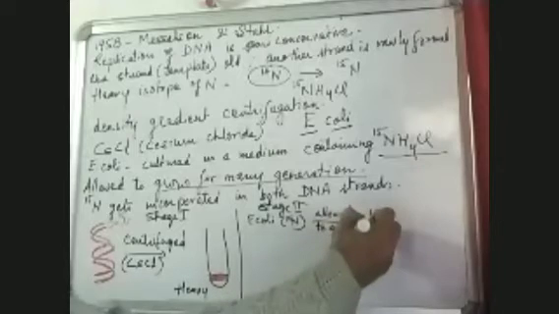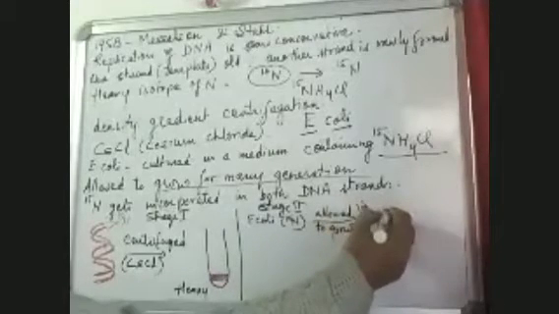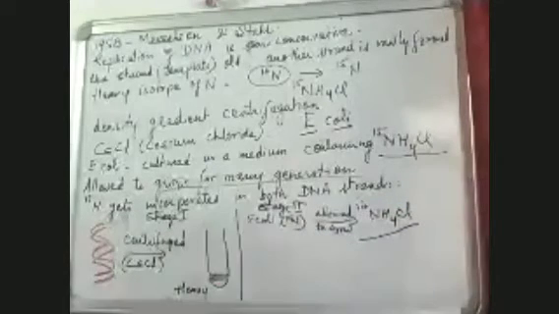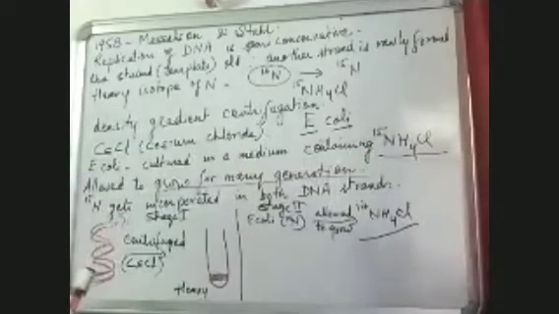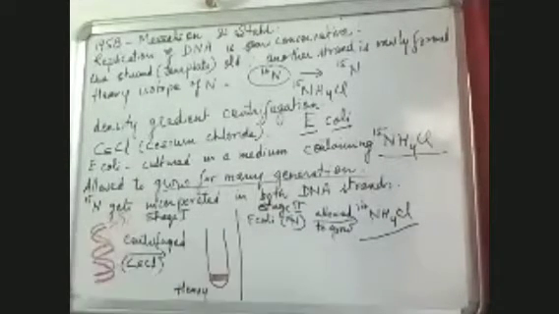That means N14. This is normal NH4Cl. In the normal medium, this was allowed to grow. First, it was allowed to grow in the heavy isotope, in N15 H4Cl. When both the strands got N15 in them, they were allowed to grow in normal nitrogen solution, which is NH4Cl, where N is the normal isotope, which is N14. When it was allowed to grow there, what happened?